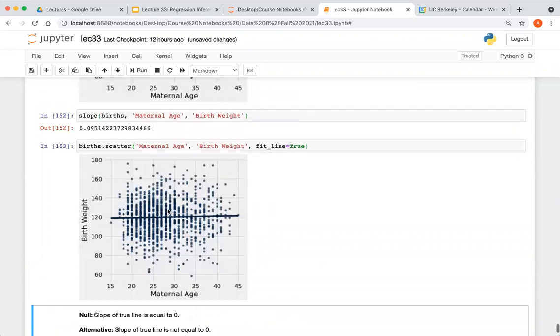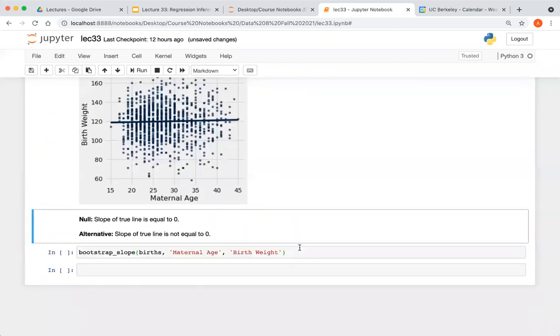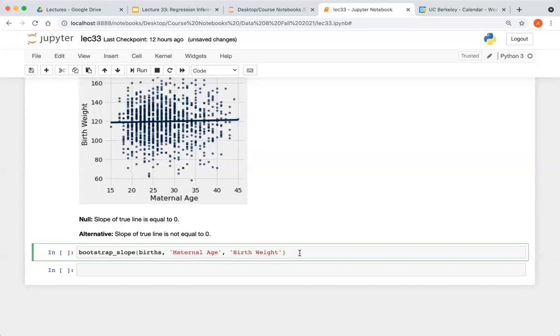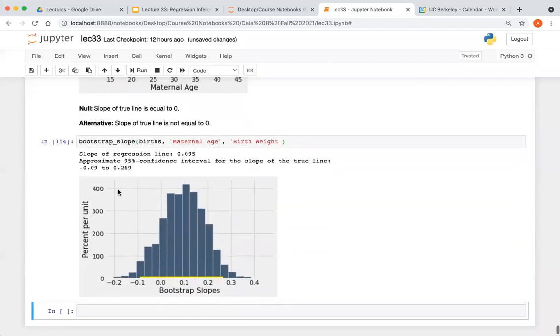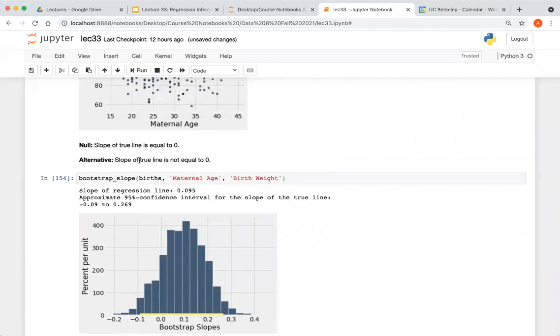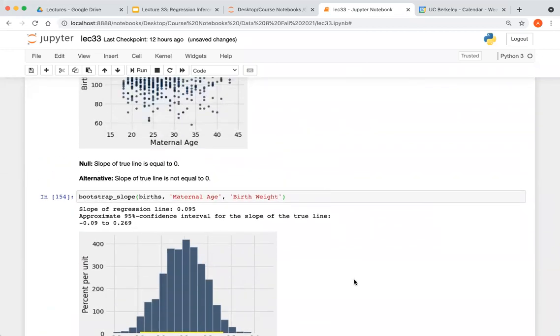If I want to test whether the true slope is 0 versus not 0, I'm going to make a confidence interval. And your interval goes from minus 0.09 to 2.69. Are you seeing 0 in there? You're seeing 0 in there. So these data are consistent with the slope of the true line being equal to 0.